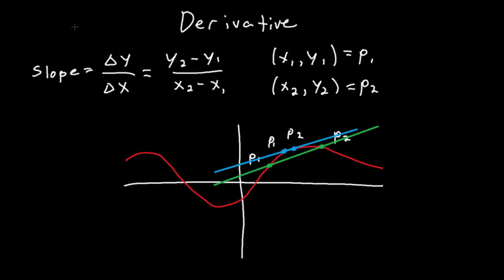And what if we brought them even closer to the point where they are basically in the same spot, like this, the orange line? Well, if you bring the 2 points super, super close, and you measure the slope of those 2 points, you get the derivative. The derivative is the slope between the 2 points that are extremely close to each other, infinitesimally close, actually, to where they reside at the same point.